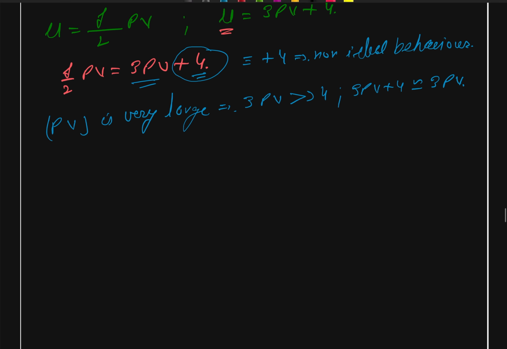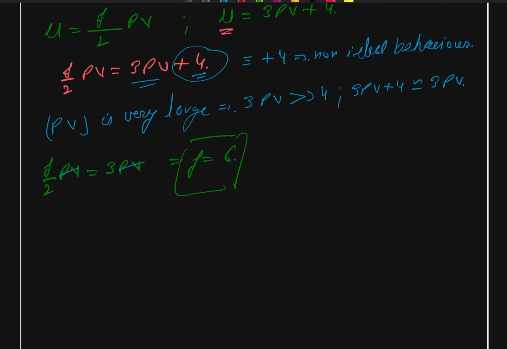Therefore we can reformulate our equation. We get f upon 2 PV is equal to 3 times PV. So here PV and PV go away, and we get f is equal to 6, which is nothing but our degree of freedom.